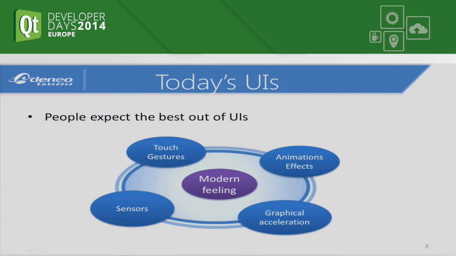We have animations everywhere. That's what we'll talk about quickly. Graphical acceleration, because of course all these things are nothing if your device is not fluid and responsive. And finally, quick look at sensors, and particularly how to use the accelerometer to, for example, adapt the screen orientation to the orientation of your device.